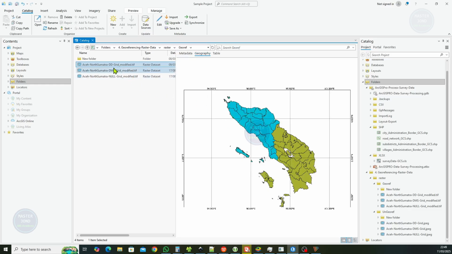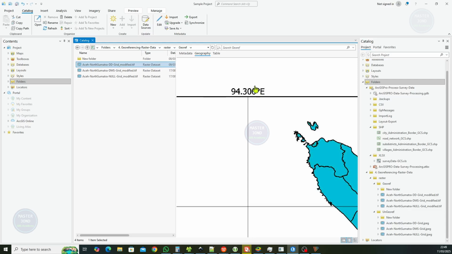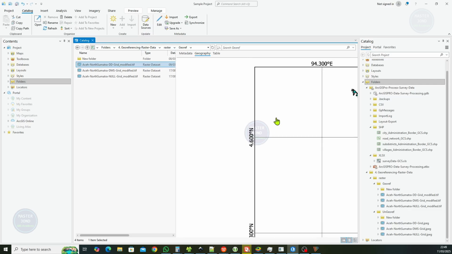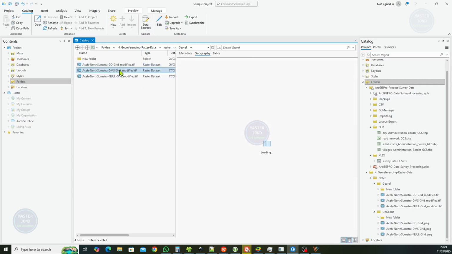Okay, the same DD, decimal degree, only has the decimal and the degree sign, and also E is for X or for longitude. Okay, and the N is also called Y or latitude. Right, and let's click the DMS.